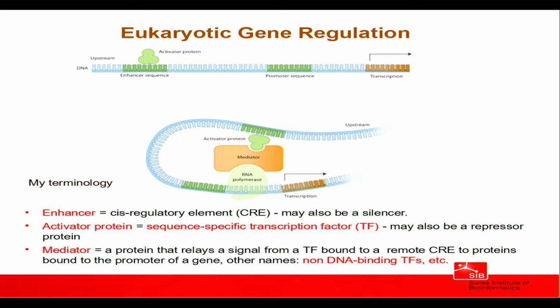The most popular model, maybe not the universal model, for how this is achieved is the loop model, which is shown in the center of the slide, where a kind of protein bridge involving the activator protein, a mediator, and RNA polymerase holds the loop together. Now, I do not use exactly the same terminology because it's, for my taste, too specific. So rather than talking about enhancers, I will use terms like cis-regulatory elements, which can also be a silencer.